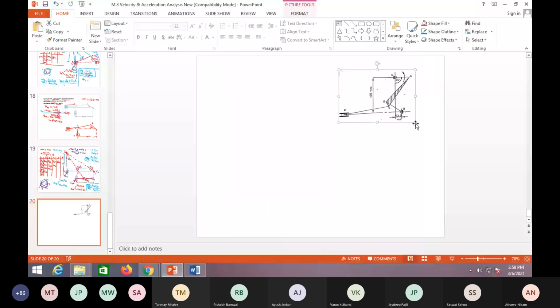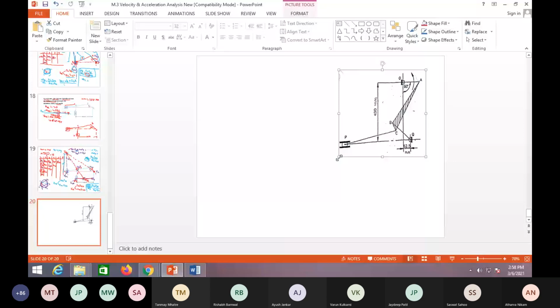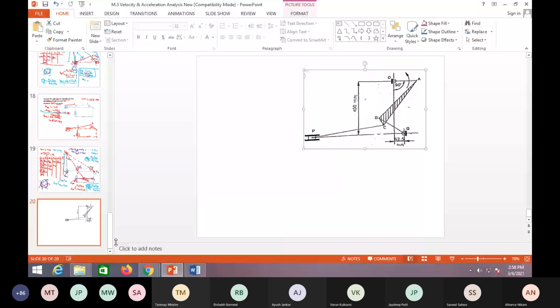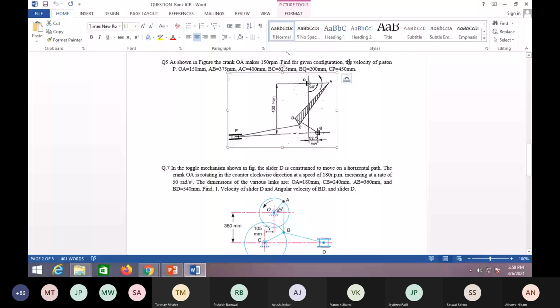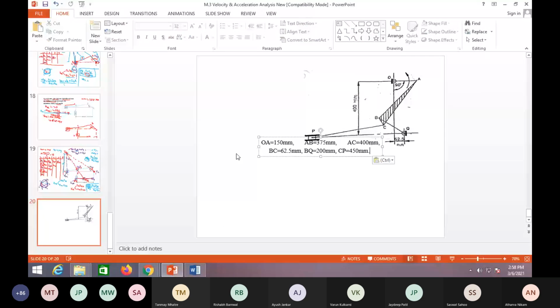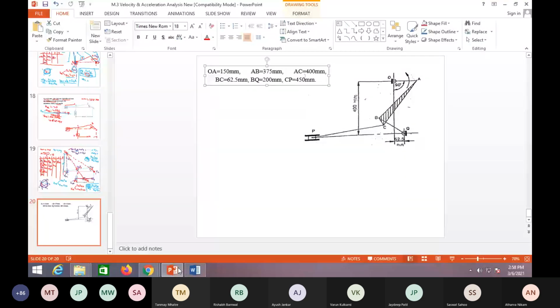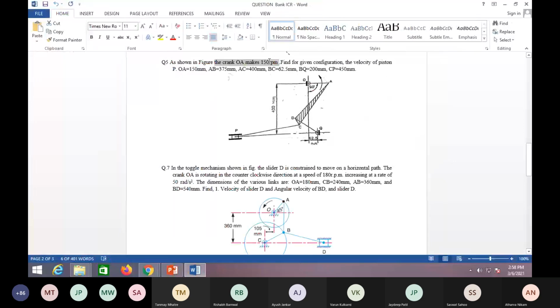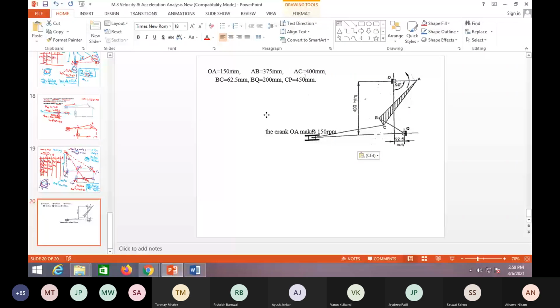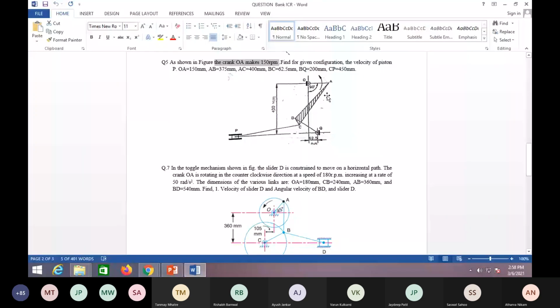Anyone tell me how to draw this figure? Okay, now this is the problem.